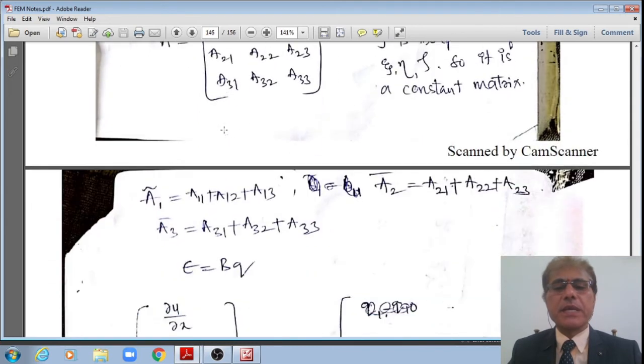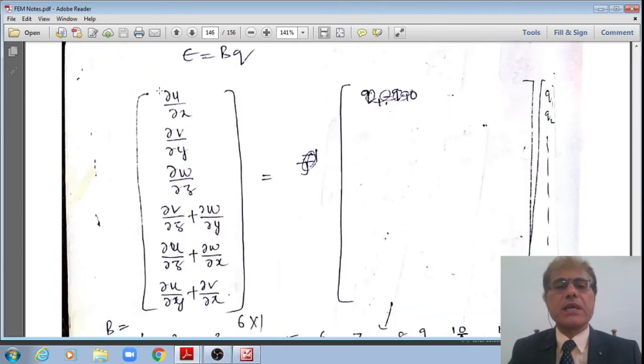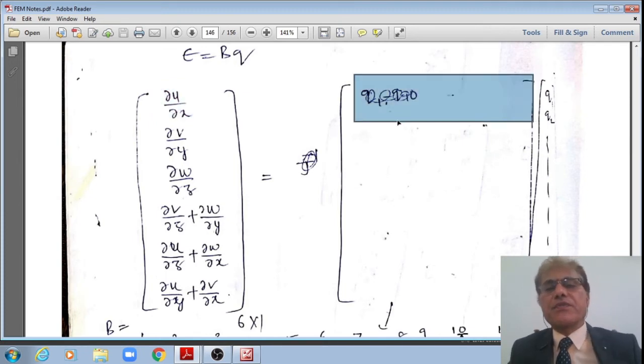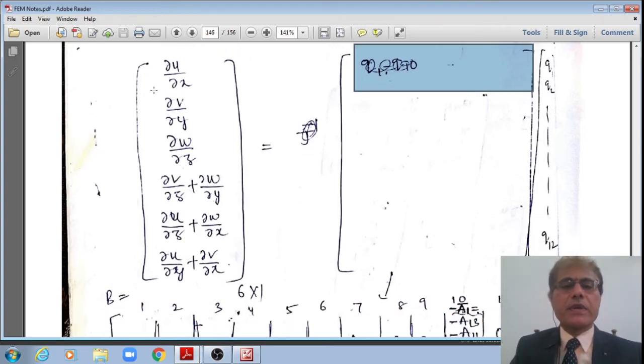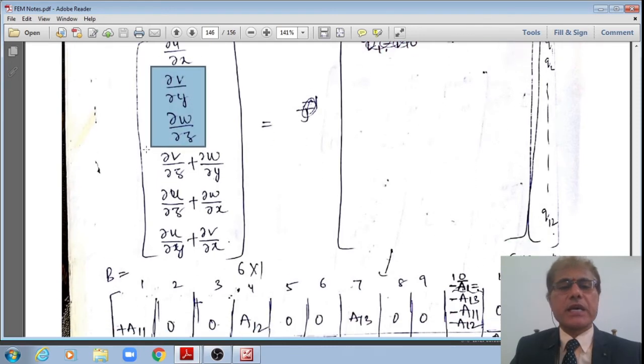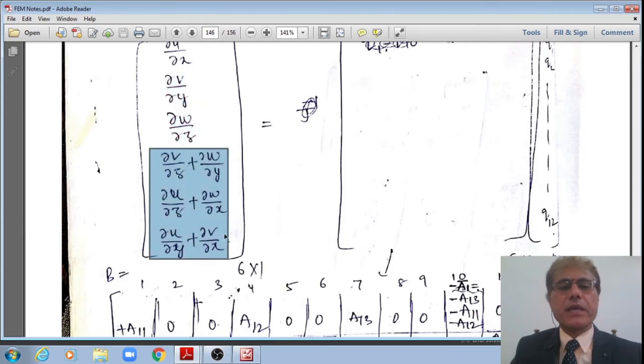Please see here, students, ∂u/∂x is that first equation. However, that first equation I can write as a matrix product. Even for the other terms, I'll recall the normal strains in y and z directions, as well as the shearing strains along the three planes.